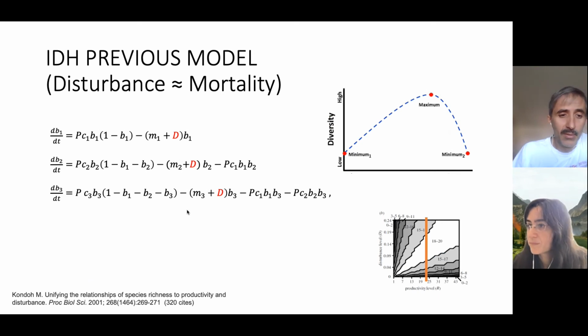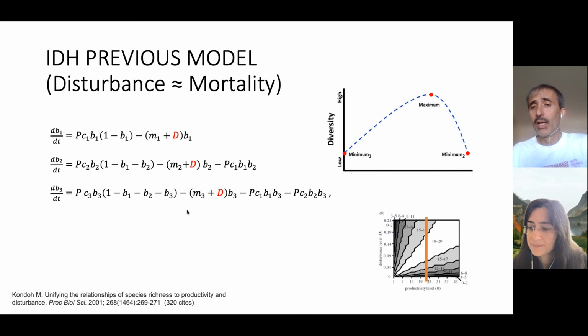And what this paper in 2001 did was to introduce disturbance as a mortality rate term. So the author considered that disturbance increases the average mortality, and in the test he found that the model and the way of modeling was consistent with the hypothesis.